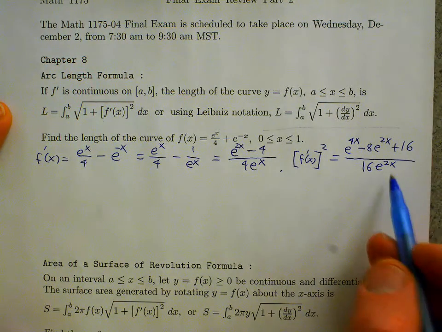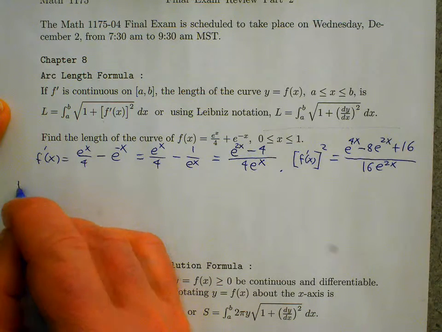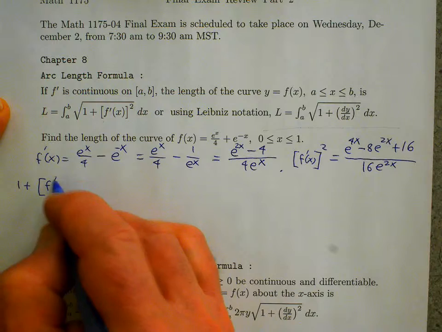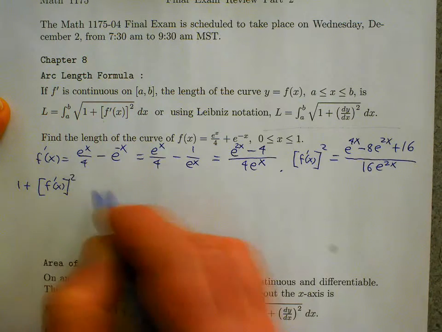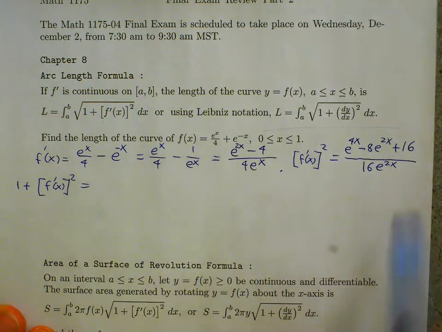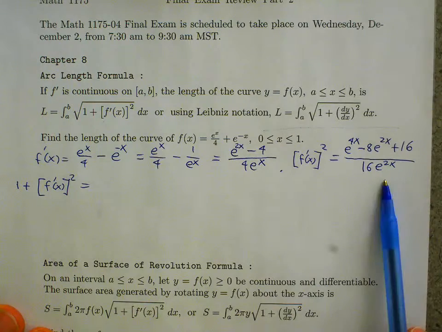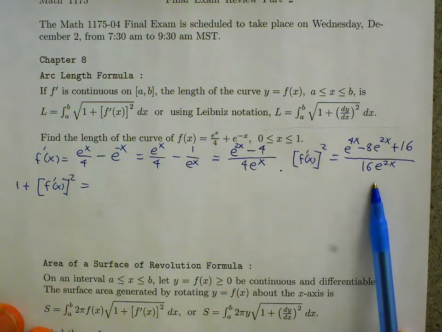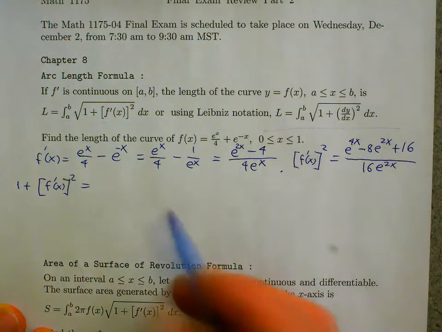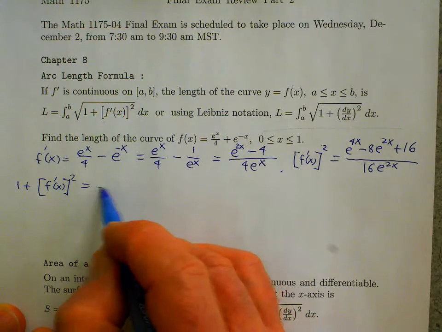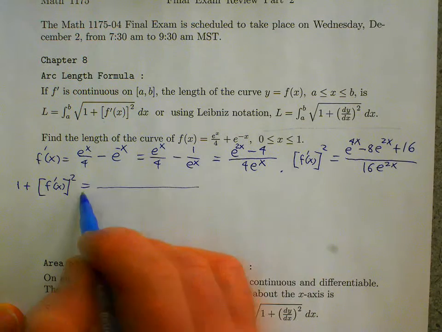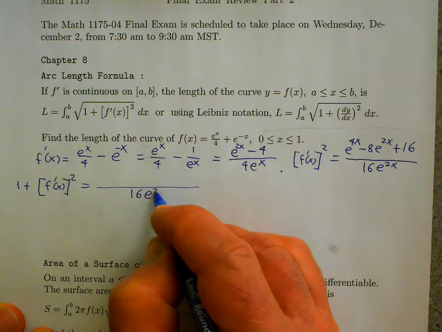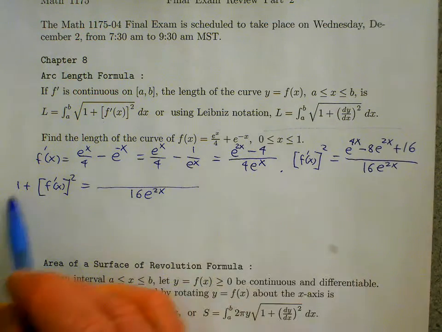And then when we add 1 to that, 1 plus the square of the first derivative, well, with a common denominator of 16 e to the 2x, I'm skipping a step here. The common denominator is 16 times e to the 2x.